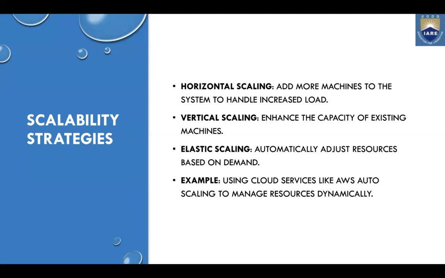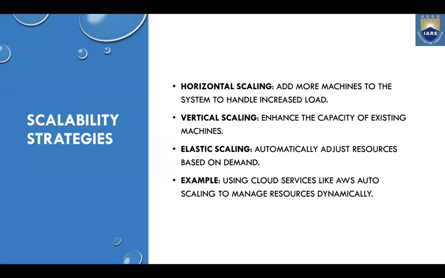Next comes your scalability strategies. Horizontal scaling, vertical scaling, elastic scaling. So what is scaling? Add more machines to the system to handle increased load. That is horizontal scaling. Enhance the capacity of existing machines. Vertical scaling. Elastic scaling automatically adjusts resources based on demand.